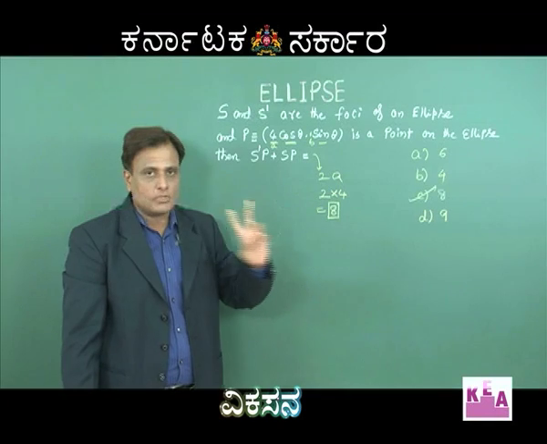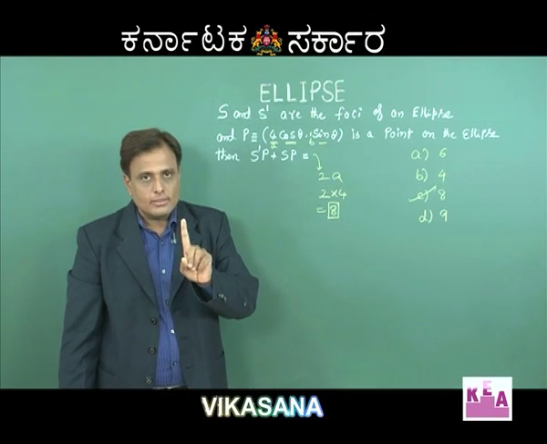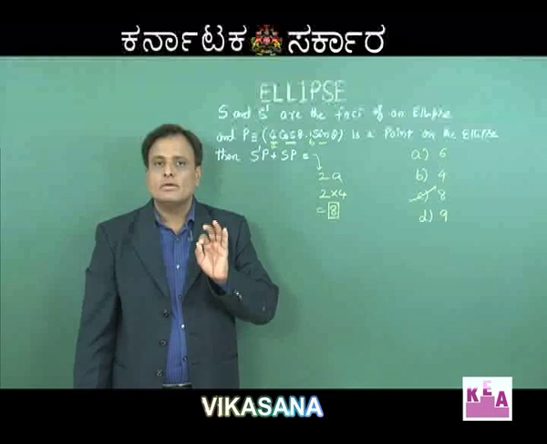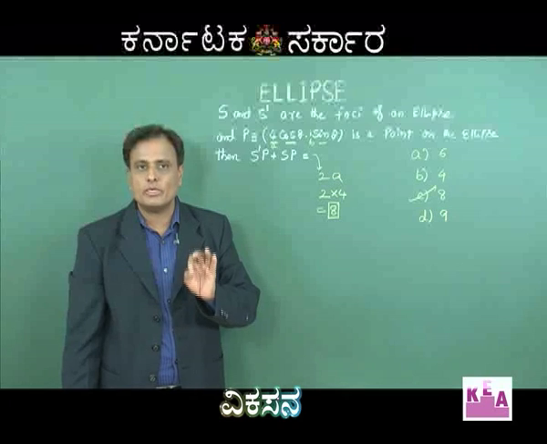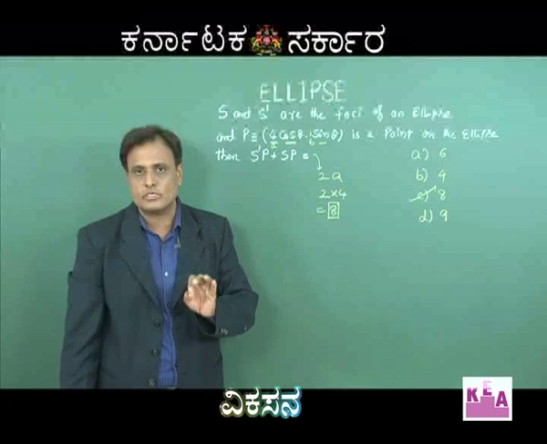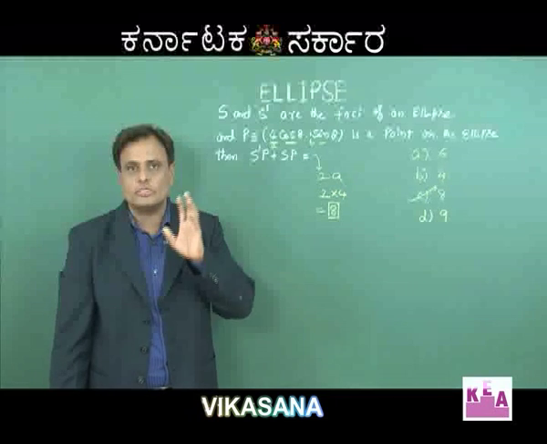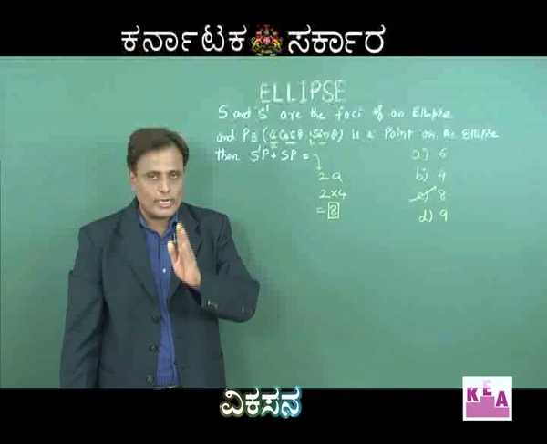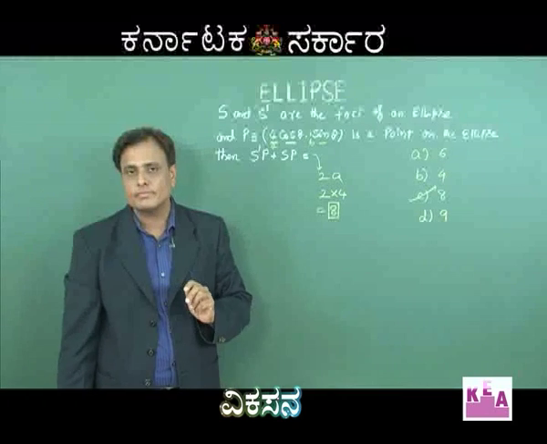So please remember two fundamental basics. Number 1, again I repeat, please note down properly. The parametric equations, of course, may be new to you; you may not have covered this concept in PU 11th standard, but at least now note down this point. x is equal to a cos theta, y is equal to b sin theta are the parametric equations of an ellipse.